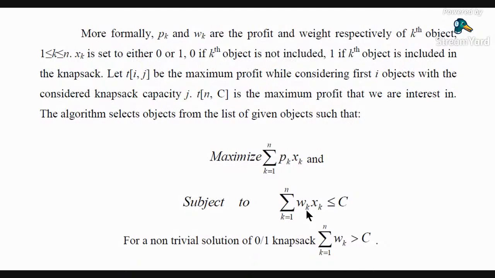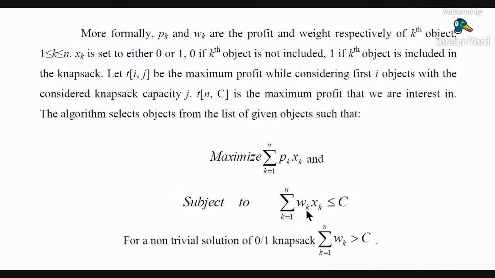This binary knapsack is also known as the 0-1 knapsack problem. For a non-trivial solution, the summation of the weights of all the objects should be greater than C. Why? Because if the summation of weights of all the objects is less than C, then there is no need to solve this problem.